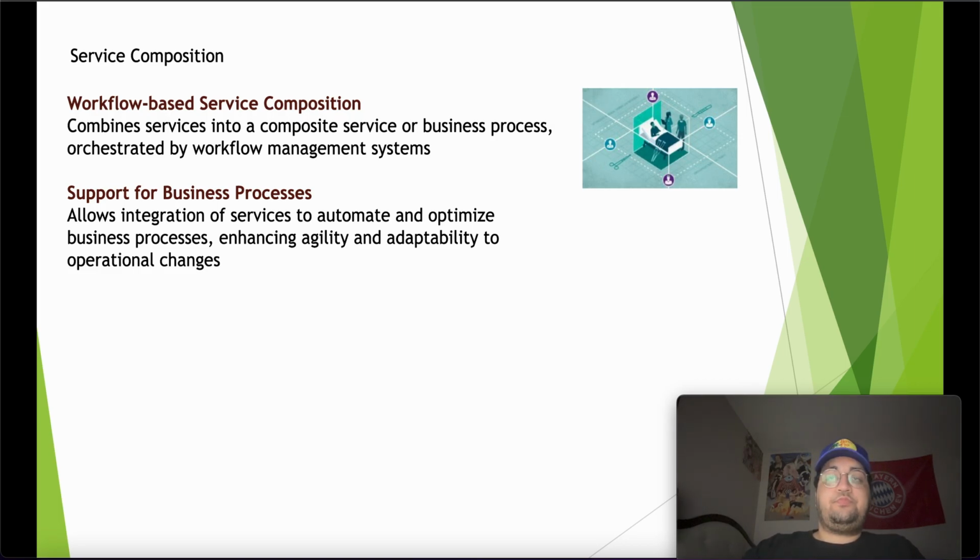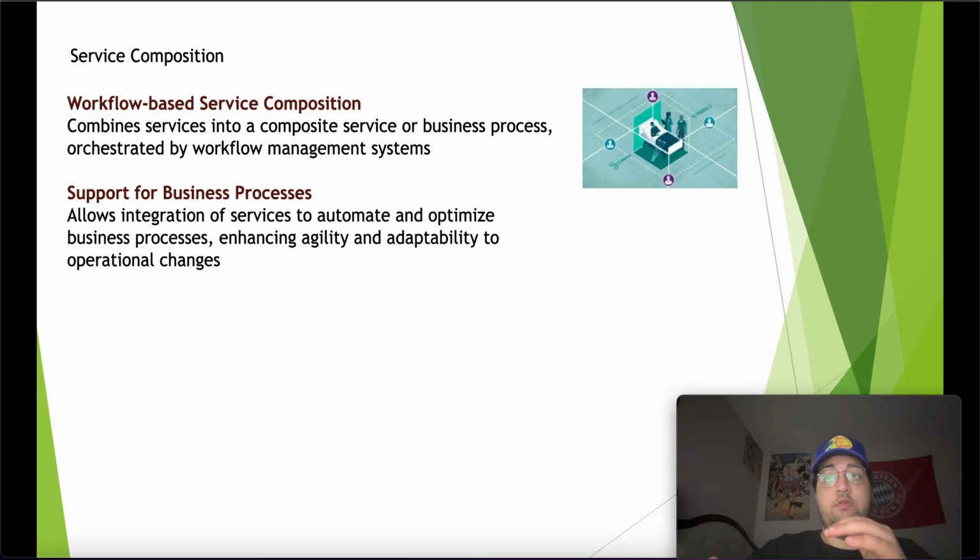So, for example, in our online banking example, the loan application process, the workflow definition would be that the process starts with the customer filling out the application, goes through credit checks, approvals, and then the release of the funds. And if we were talking about it in the service orchestration way, different services are invoked in a sequence. A customer service is used to collect application data.